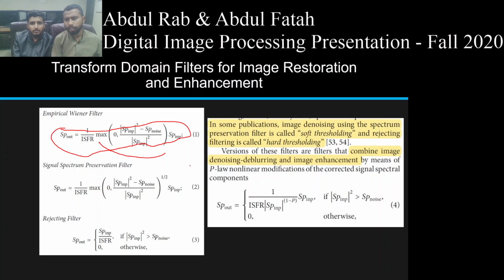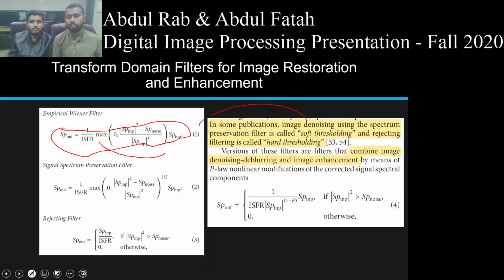In some applications, as highlighted from the article, image denoising using the spectrum preservation filter is called soft thresholding, and the rejecting filter is called hard thresholding. Here 53 and 54 are citations where we can see more about soft and hard thresholding and about these filters.